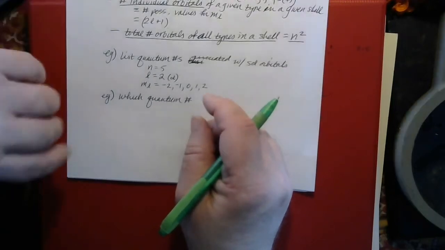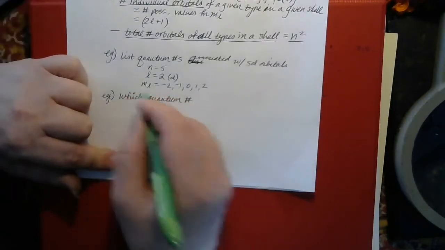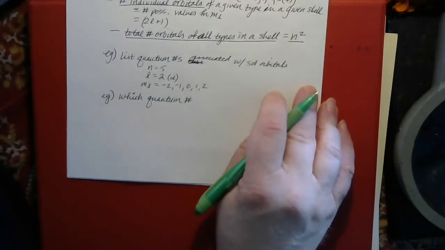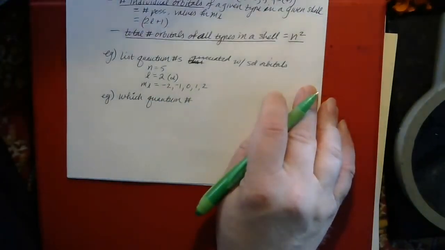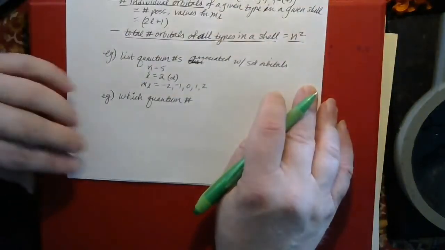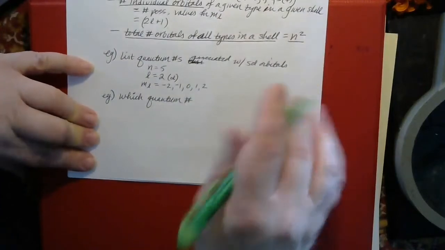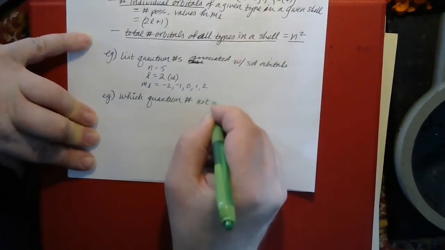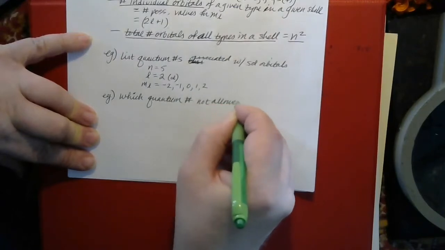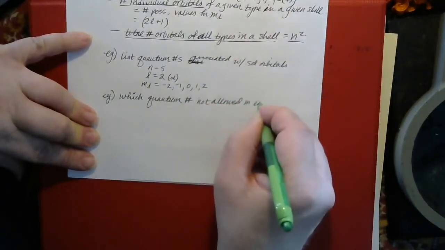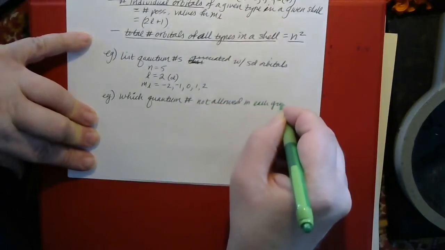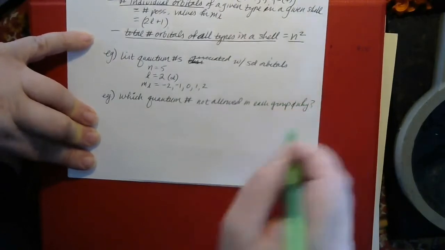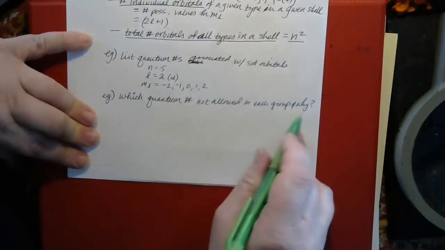Actually, this specific question sort of clues you in from the very beginning that none of these groups of quantum numbers are allowed. And then the question just becomes why? What's wrong with each group? So which quantum number in each group is not allowed and why?